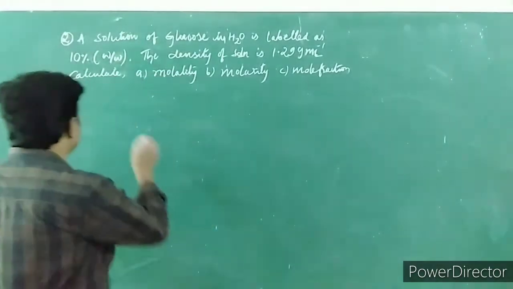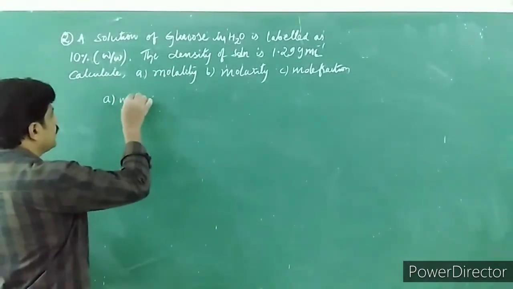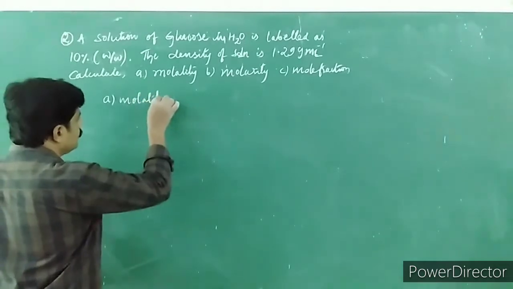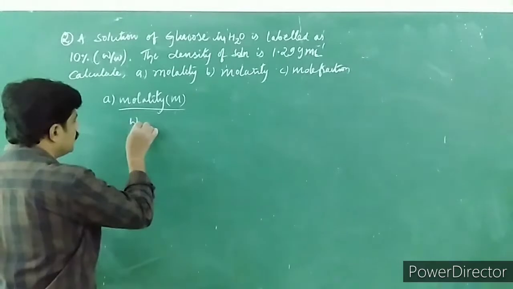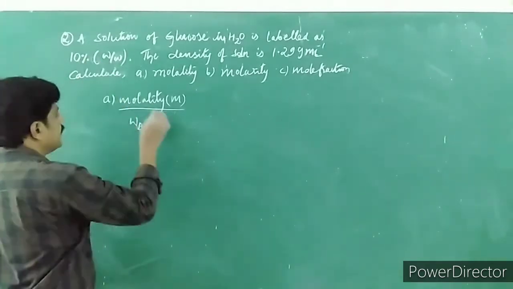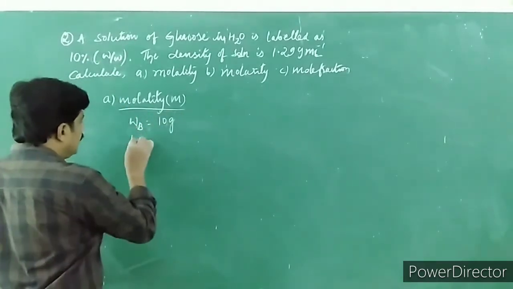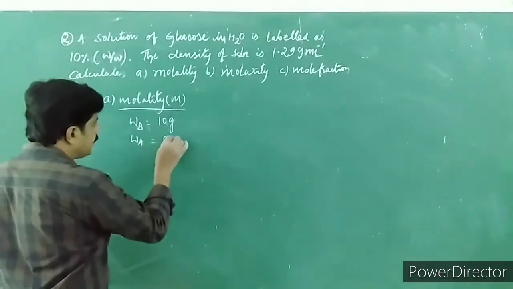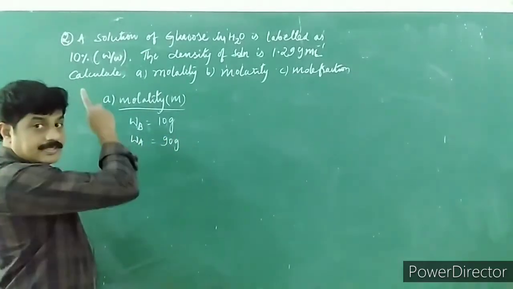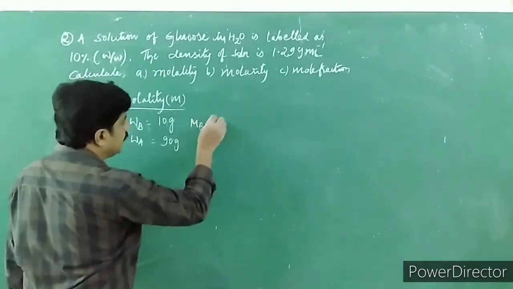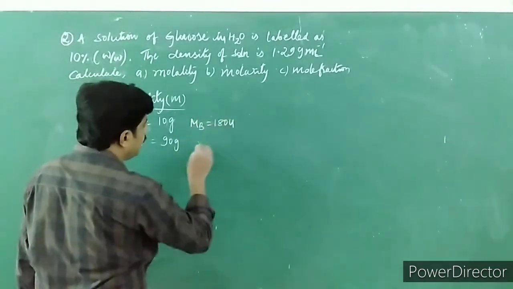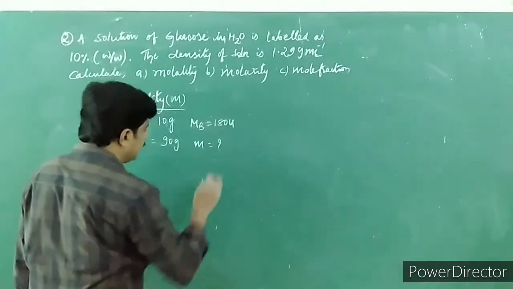Now let me take up the first part of this numerical, that is molality, small m. Now let us list out. WB is how much? 10% refers to 10 grams. WA is how much? That is equal to 90 grams of water, because 10% weight by weight. So MB of glucose that you need to calculate, that is 180 unified mass, and you are supposed to find out molality.